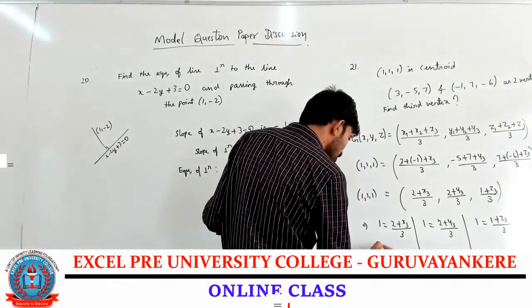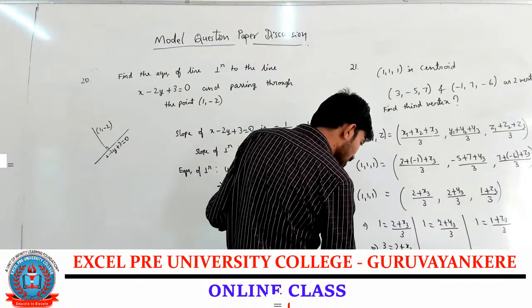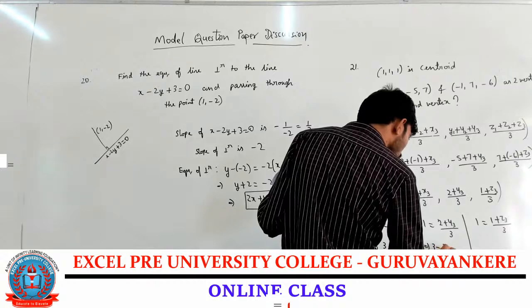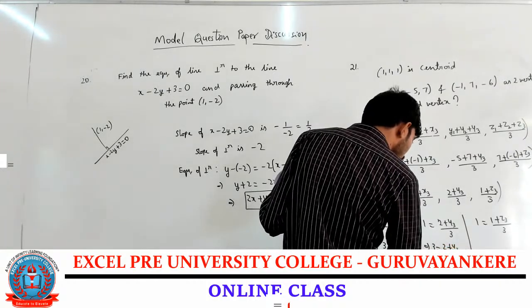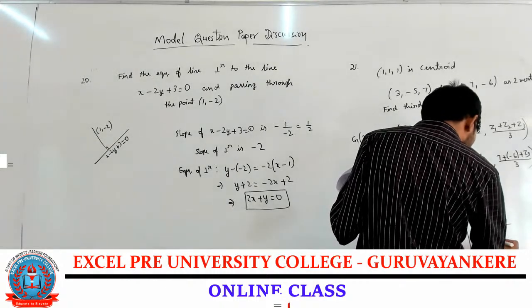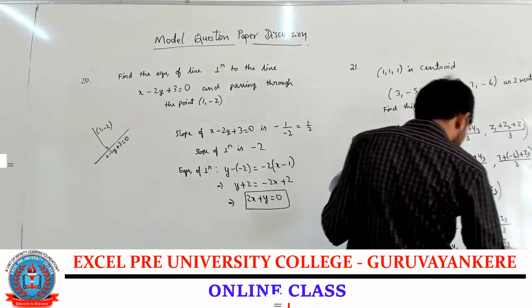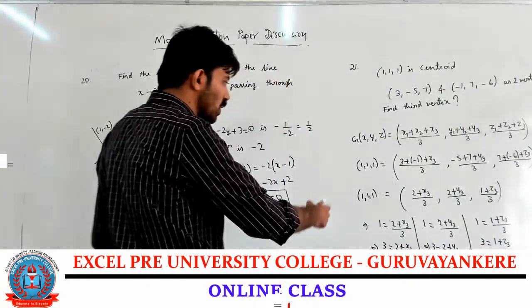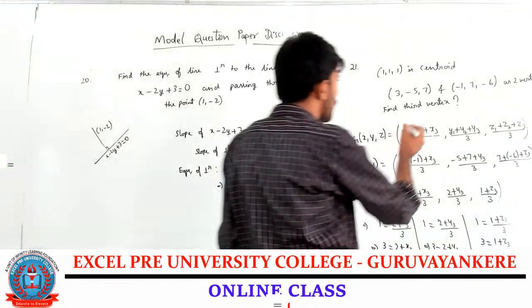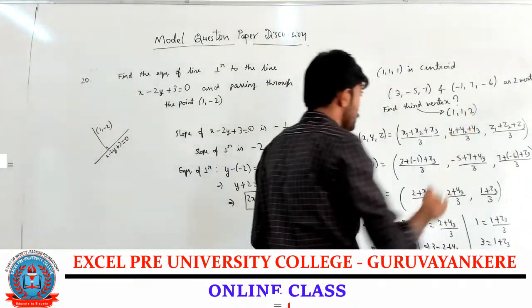Cross multiply: 3 is equal to 2 plus x3, so x3 is 1. 3 is equal to 2 plus y3, so y3 is 3 minus 2, which is 1. 3 is equal to 1 plus z3, so z3 is 3 minus 1, which is 2. So the third vertex is 1, 1, 2.